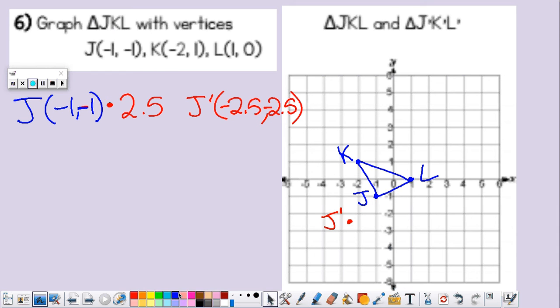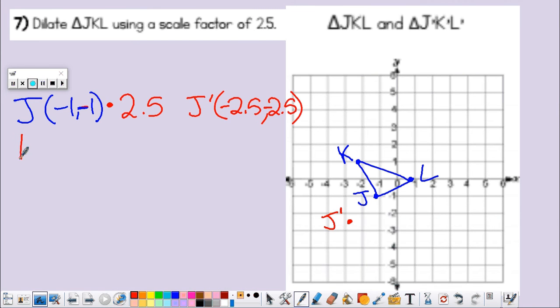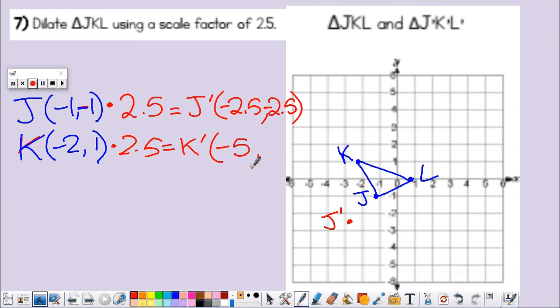Okay. Then K. Nope, I want blue. K is at negative 2, 1, and we're going to multiply that by a scale factor of 2.5, so that K prime will be equal to negative 2 times 2.5, which is negative 5, very good, comma, 1 times 2.5 is 2.5.